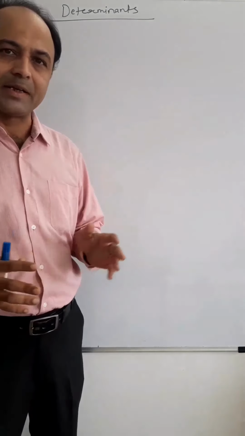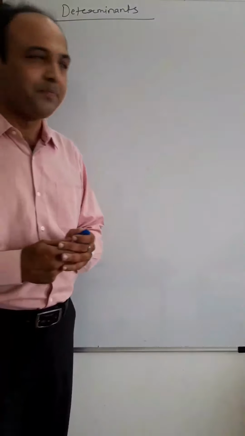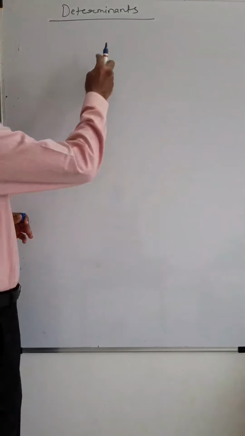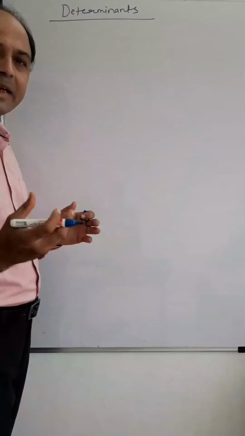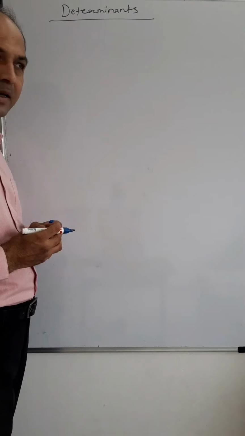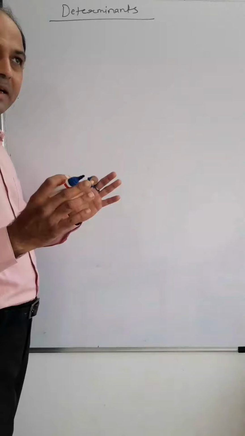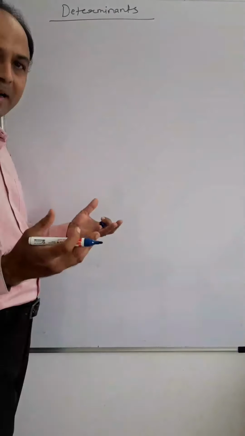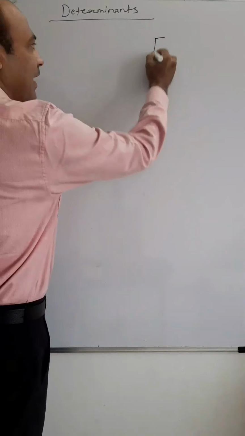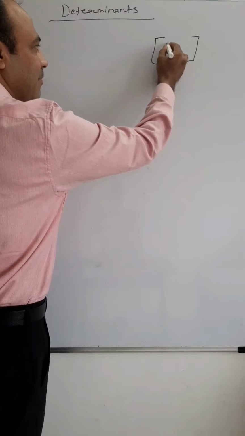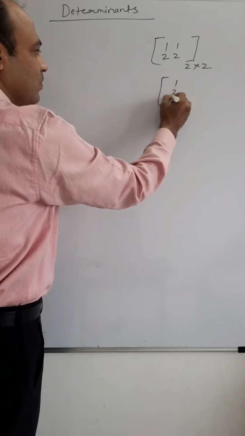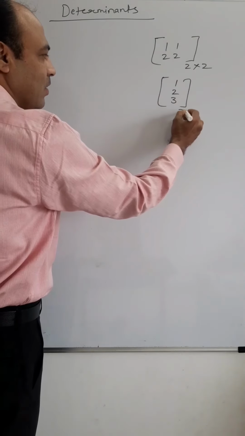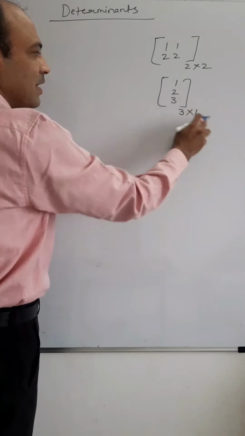So let's start with the determinant topic. See, determinants or determinant, fine. Determinant basically came from matrix. All of you know about matrix. It's a rectangular array of numbers. It can be 2 cross 2, or 1 2 3, this 3 cross 1, with 3 rows and 1 column.